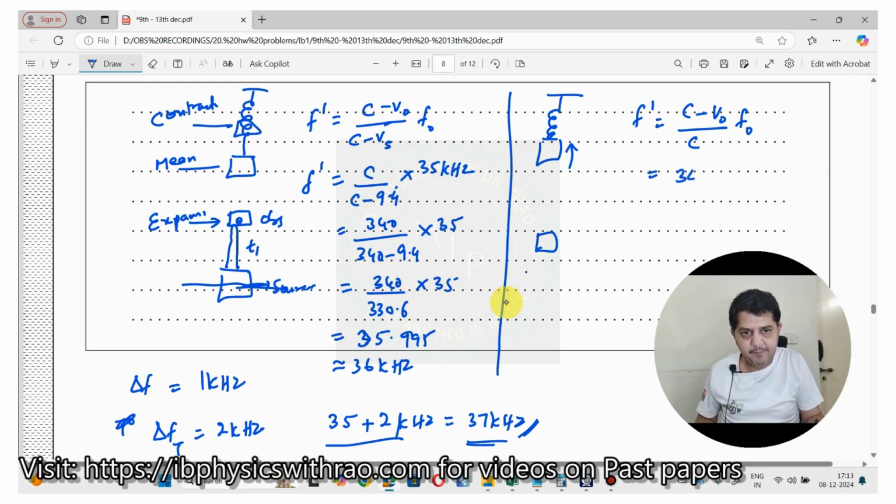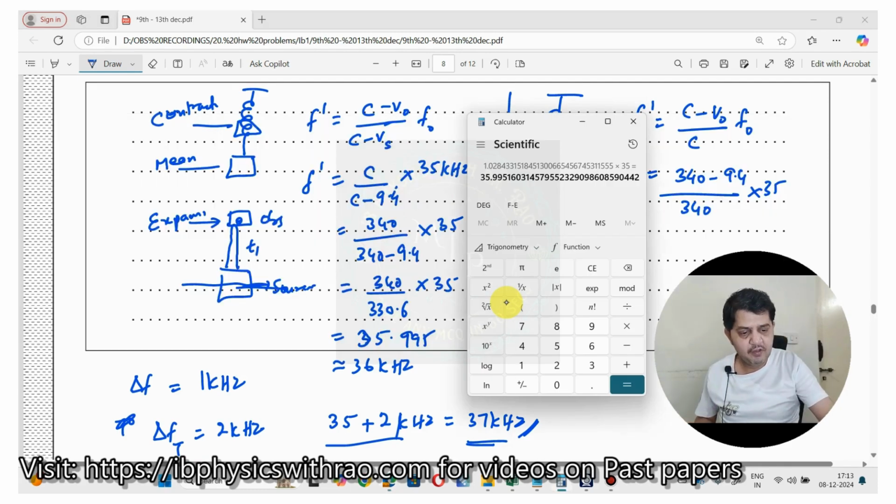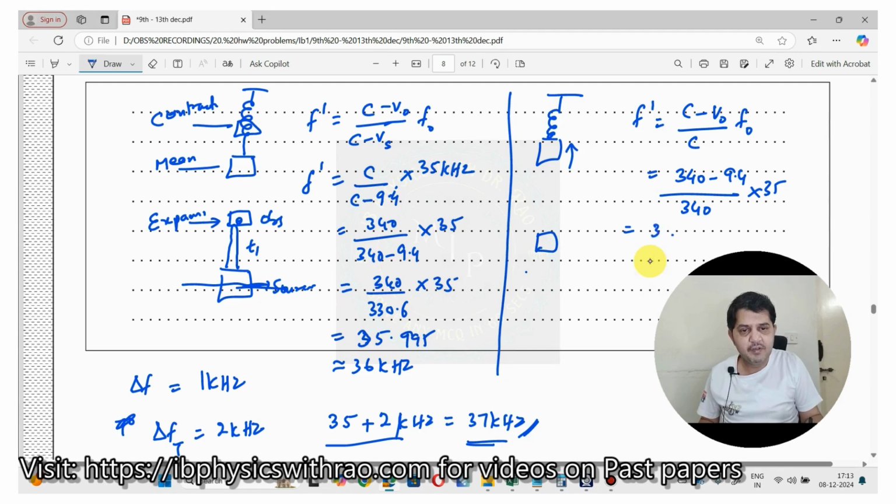This will be 340 minus 9.4 divided by 340 multiplied by 35 kilohertz, which will now be equal to, let me do this, 340 minus 9.5 is equal to 330.5 divided by 340 is equal to so much multiplied by 35 will be equal to 34. So you get 34 kilohertz.